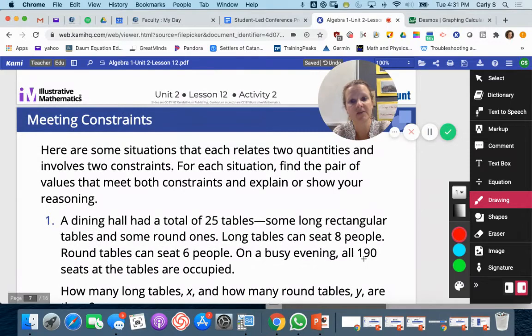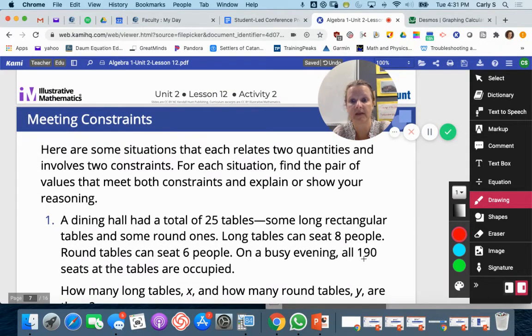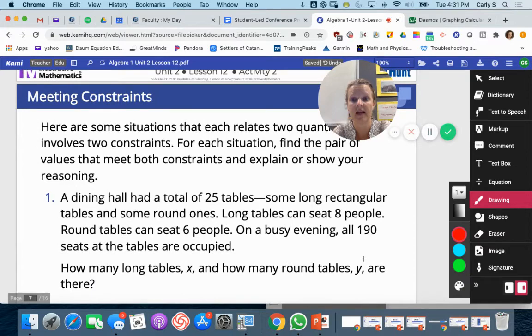All right, so here are some situations that relate 2 quantities involving 2 constraints. For each situation, find the pair of values that meet both constraints and explain or show your reasoning. A dining hall has a total of 25 tables, some long rectangular tables and some round tables.